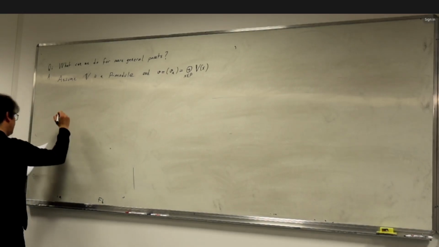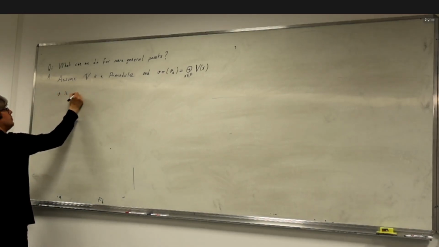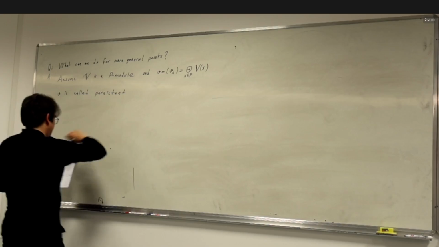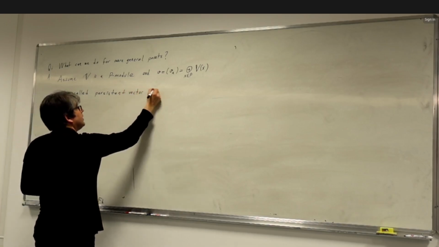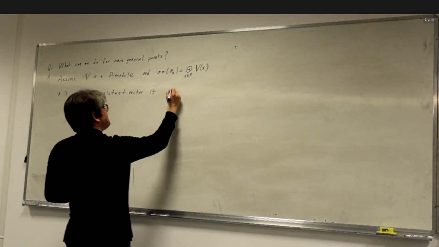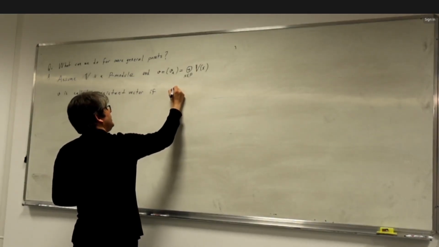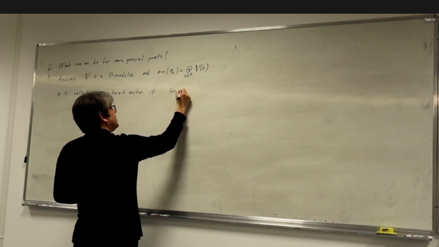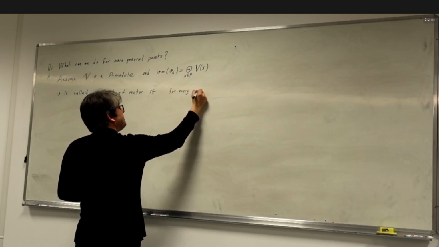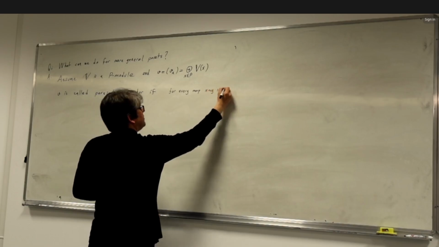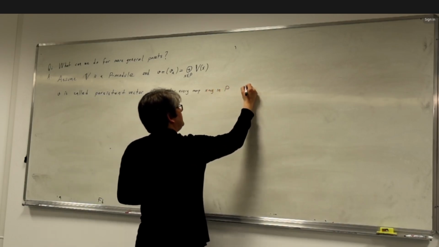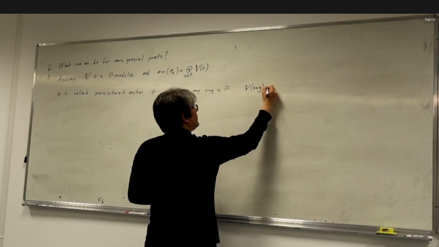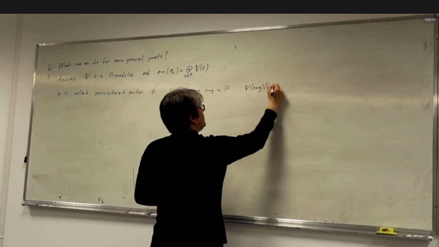Then we will say v is called a persistent vector if, for every morphism xy in P, the image of v_x under this morphism is v_y.